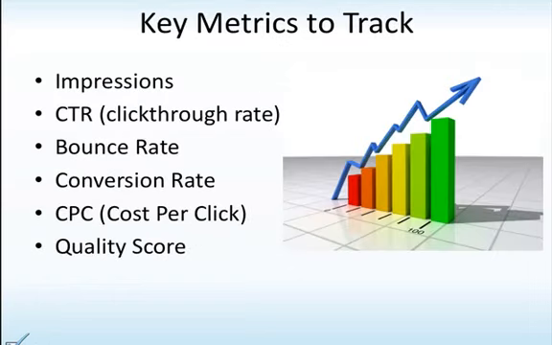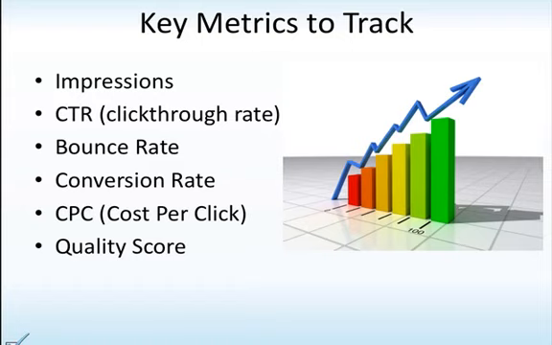Tracking. More numbers. So here are some of the key metrics to track in order to have a successful PPC campaign. So first off, impressions. Just like any advertising, this is the number of times that your ad has been served to users. And then you have the click-through rate.